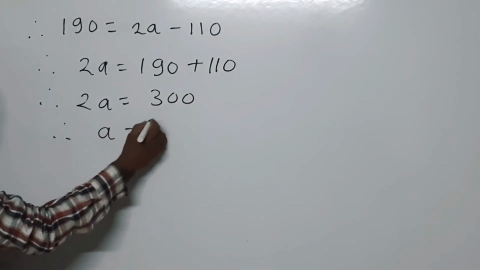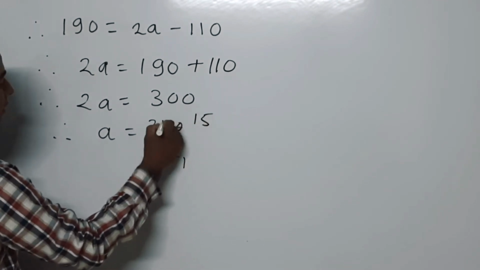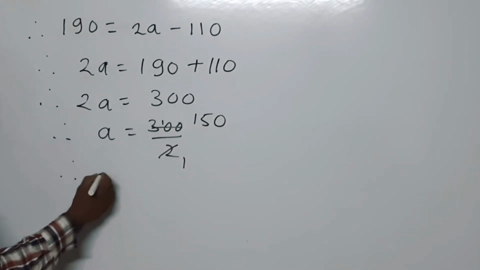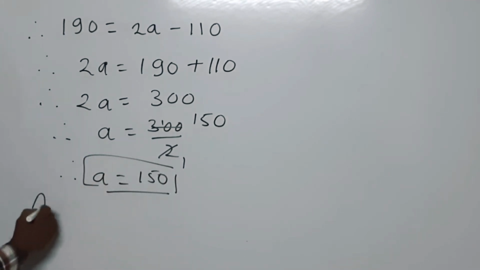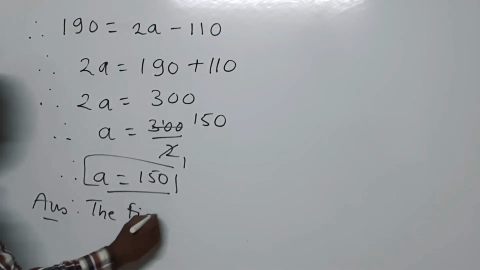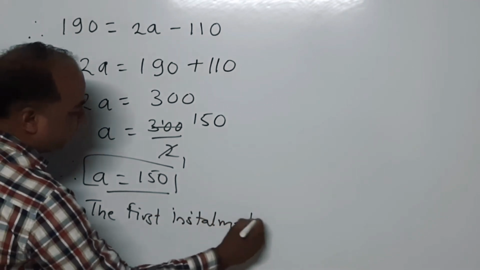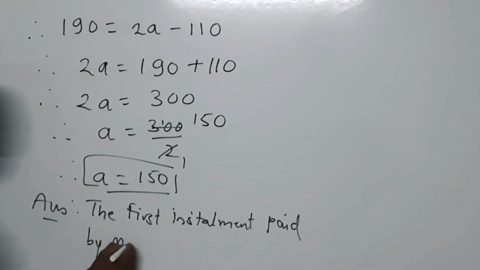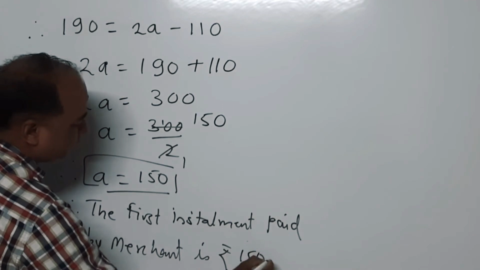Therefore a is equal to 300 divided by 2, which is 150. Therefore a is equal to 150 rupees. So the first installment paid by the merchant is rupees 150.